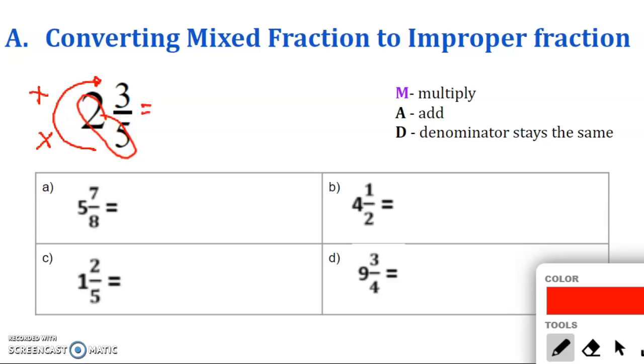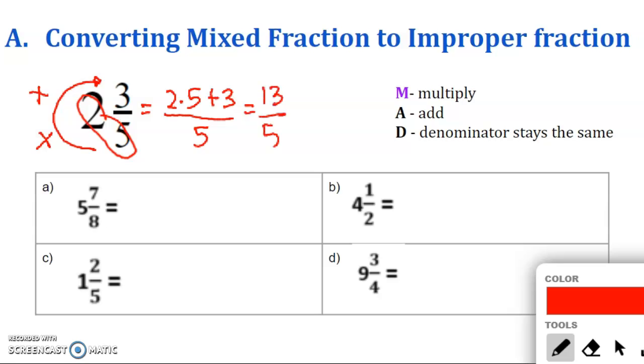That means we're doing 2 multiplied by 5. See, that's the multiply sign. And then to that, you're going to add 3, plus 3. And the denominator stays the same. The denominator is the 5. So 2 times 5 is 10, plus 3 is 13.